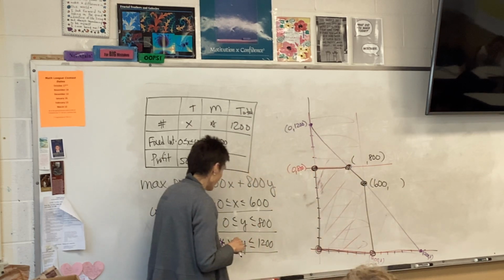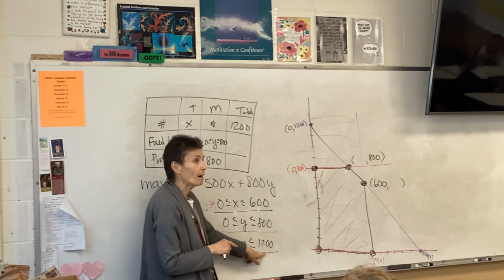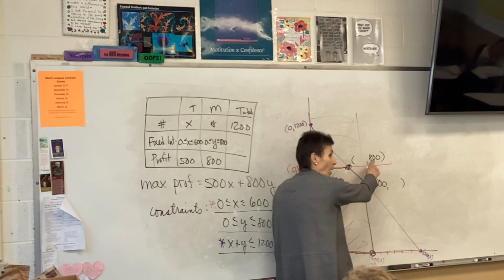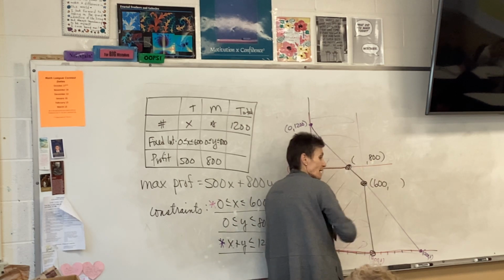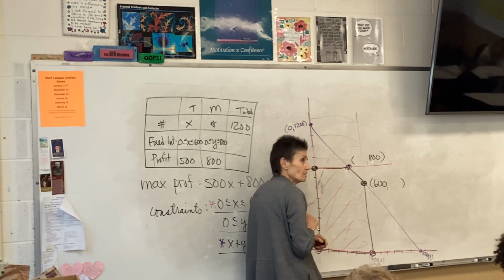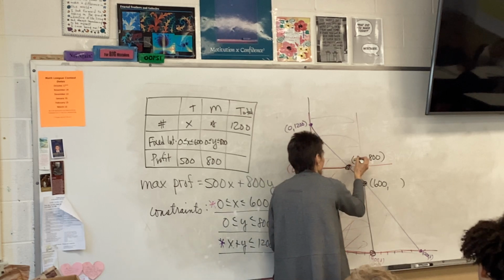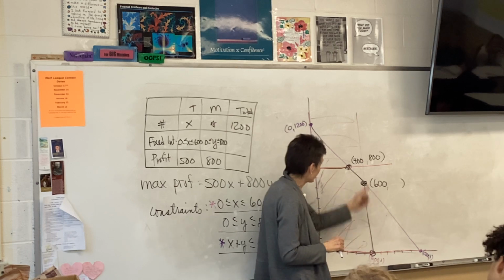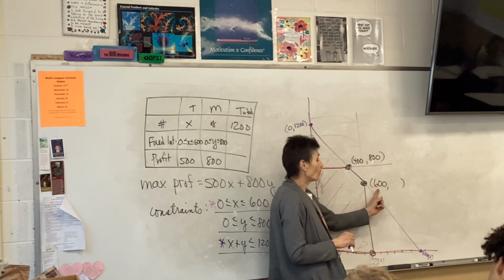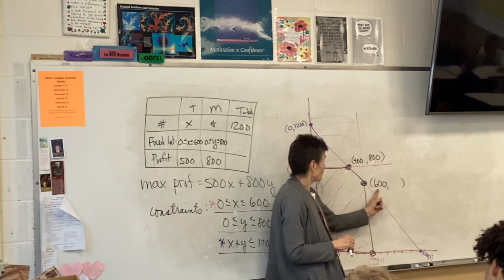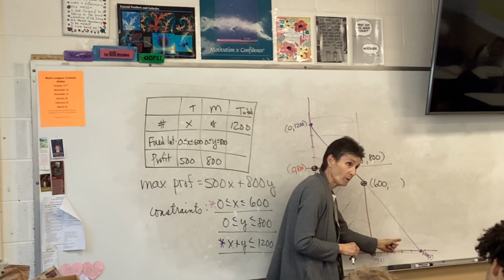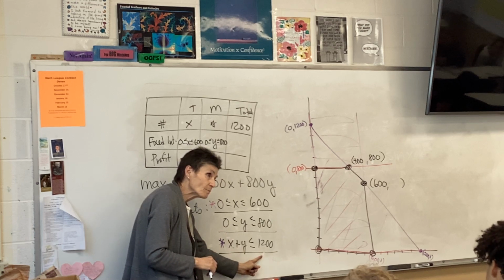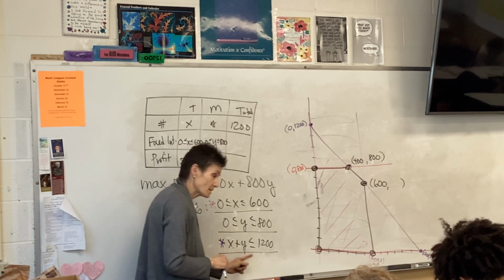On the purple line, things have to add up to 1200, but I already know that Y is 800. So what does X have to be? 400. And on the pink line, I know X is 600, but it's also on the purple, which means it has to add up to 1200. So what's Y? 600.